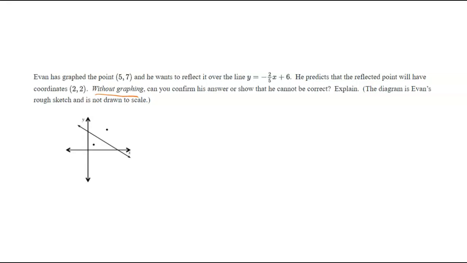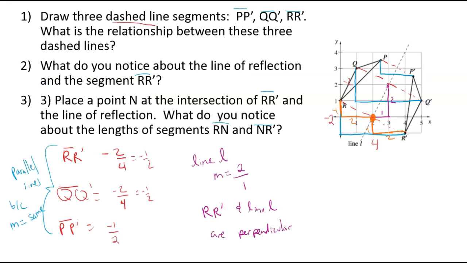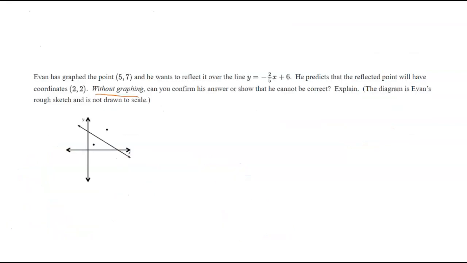So if we take what we just realized, that the slopes of the lines are perpendicular, what we need to do is figure out the slope of these 2 points. So we are going to find the slope between 5, 7 and 2, 2.